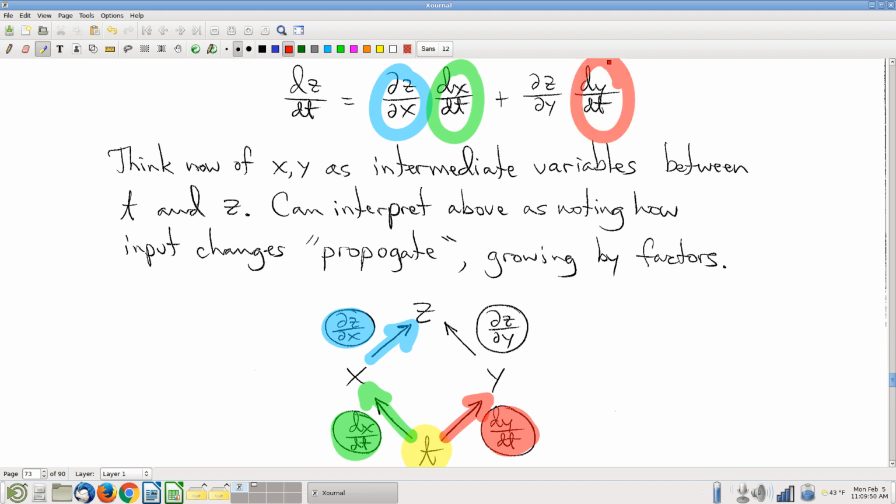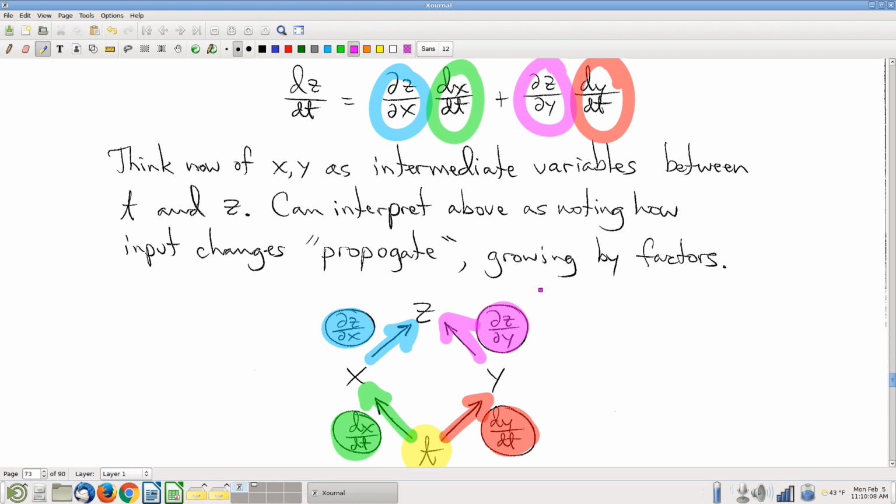And then likewise, the partial of z with respect to y is the factor that relates a change in y to the contributed change to z.